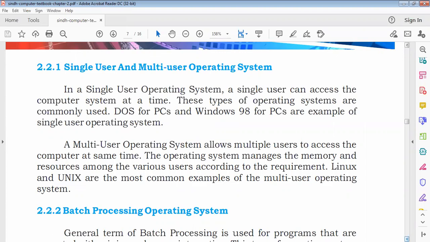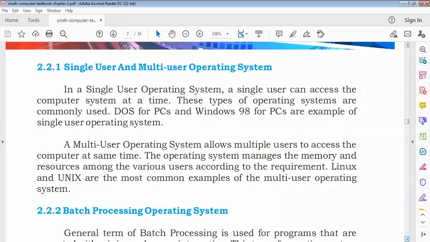Multi-user operating systems are normally used in offices and other organizations where the same resource is used by many employees. In a working environment, we have a resource which is useful for everybody working in the company.